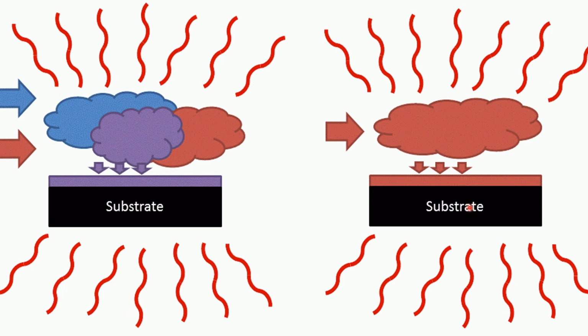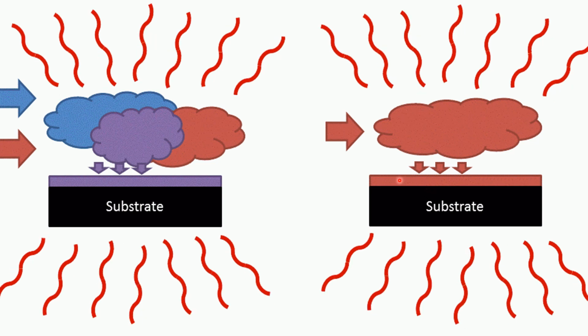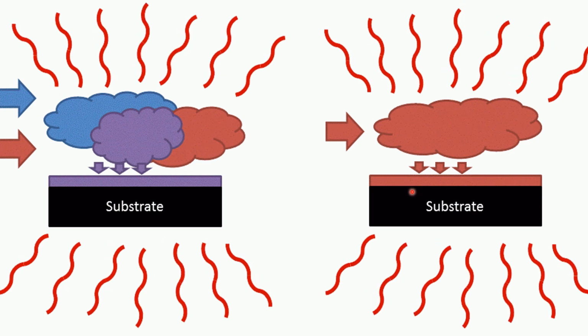Another interesting point to notice here is that you can also deposit a layer by layer type of precursor material onto the surface of the substrate using chemical vapor deposition process. This is a very important point for researchers.